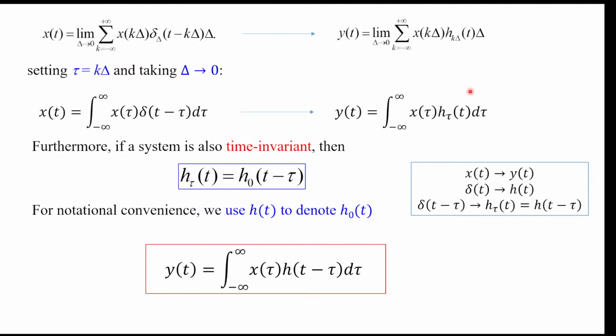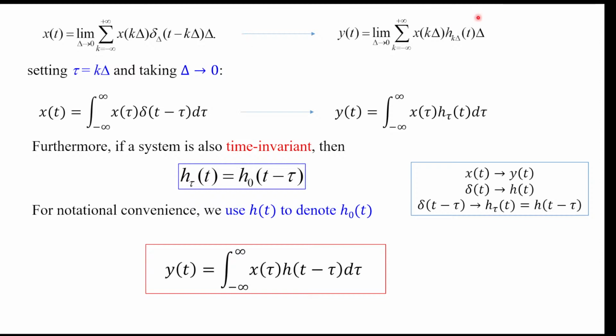And then, just like in the discrete time case, we now use the time invariant property. This h sub k delta of t is the response to delta sub-delta of t minus k delta.